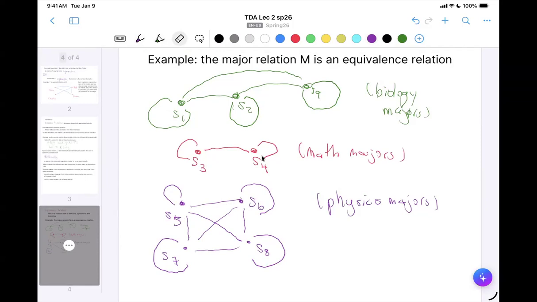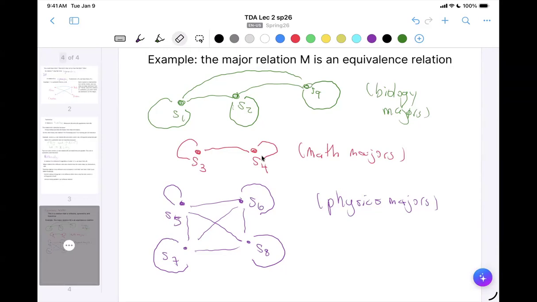The reason why it's called a partition is because it's kind of like breaking up the student body into regions, and none of the regions speak to one another. In terms of majors, if your major is biology, it's definitely not math nor physics. So the idea is that you chop out the space into independent, non-interacting regions, or the graph, if you want to think about it that way.